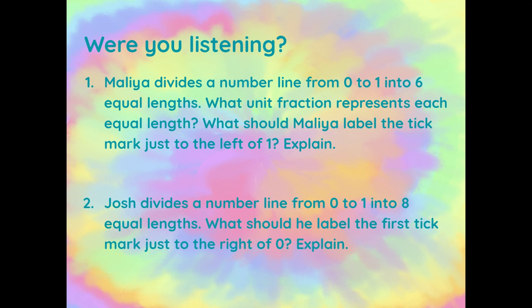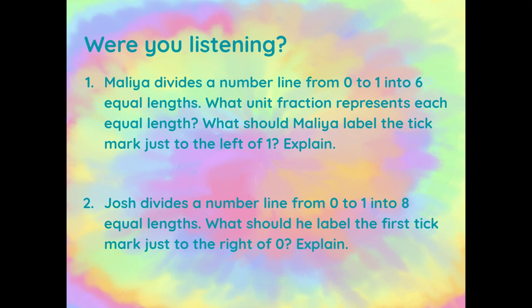So what unit fraction represents each equal length? Well, a unit fraction is any fraction with the numerator as 1. So each equal length is going to be equal to 1/6. Each of those parts is going to be 1/6. 1/6, 1/6, 1/6, 1/6, 1/6, 1/6, which will then equal 6/6.